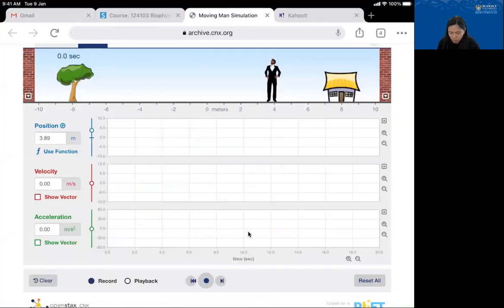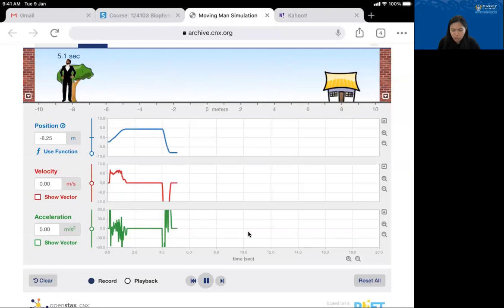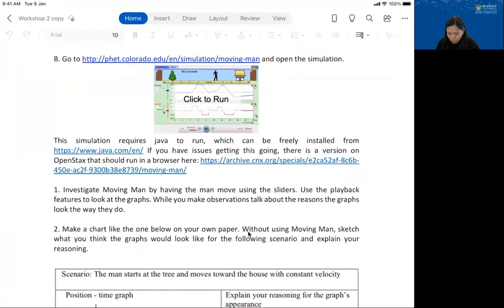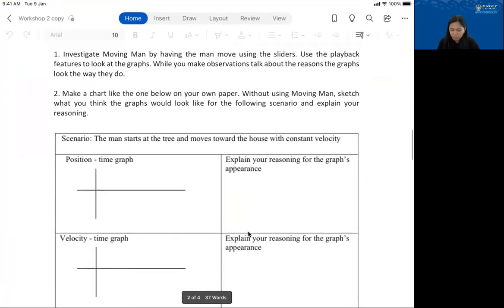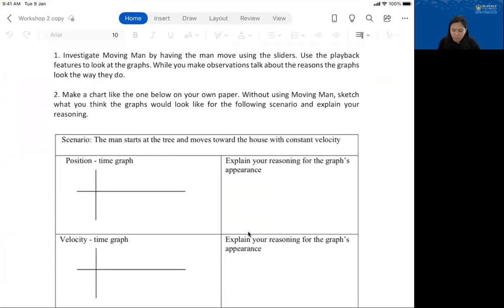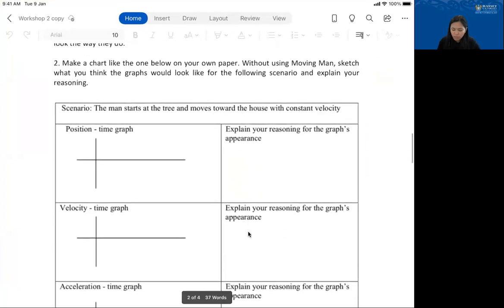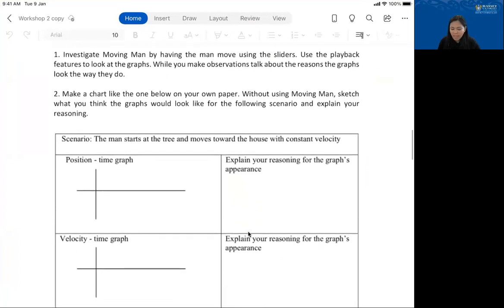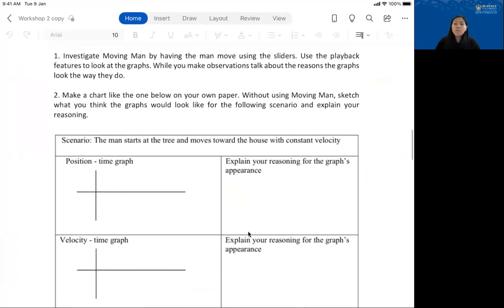This is where you can play around with, for example, positive positions or negative positions, and go through the steps. The steps are sort of guiding you on what to do with the Moving Man simulation, and then asking for your observations while you're doing those movements in the simulation.